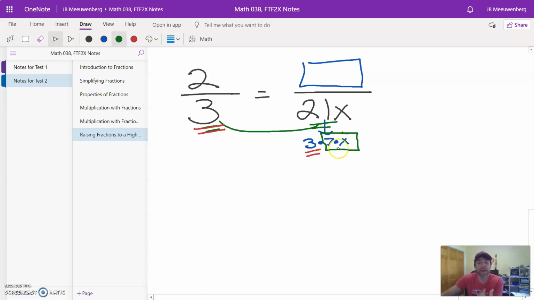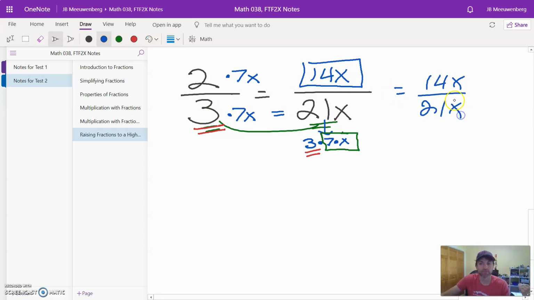These are the two factors that we multiplied by to get 21x. So we have to take the bottom times 7x, which gives us 21x, and the top times 7x, which gives us 14x. So 2/3 would also be the same as 14x over 21x.